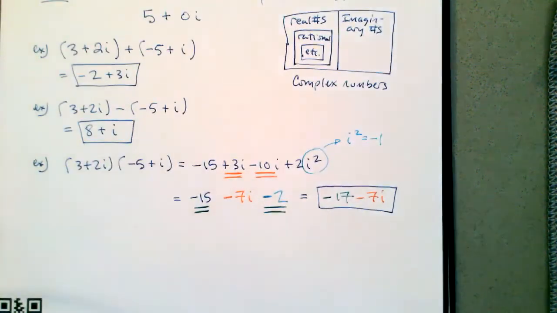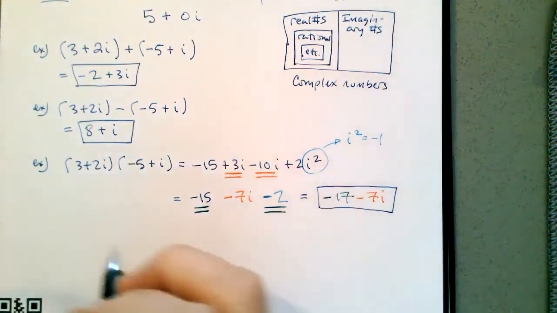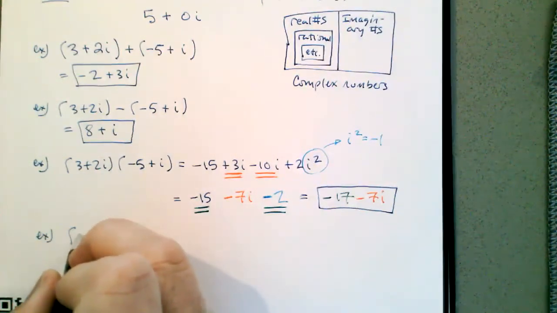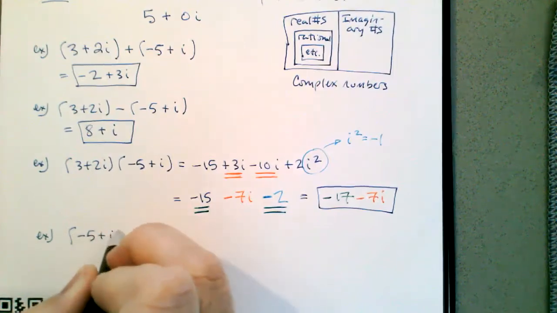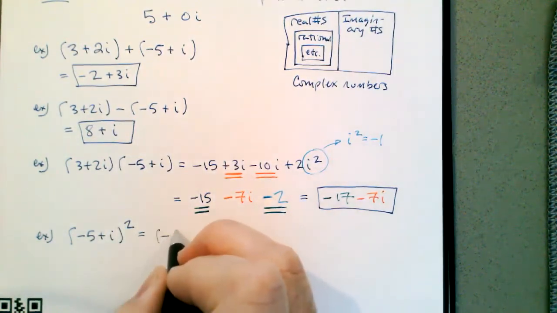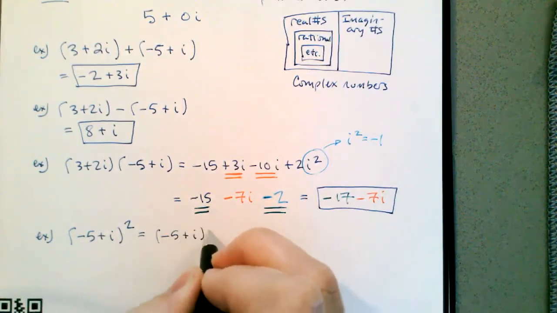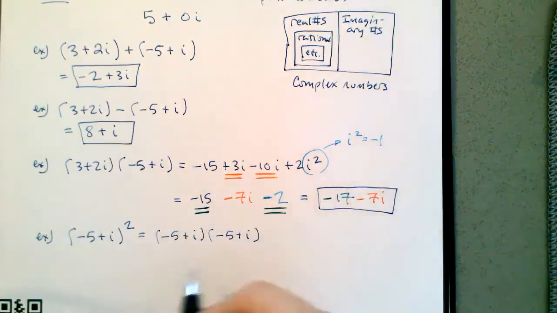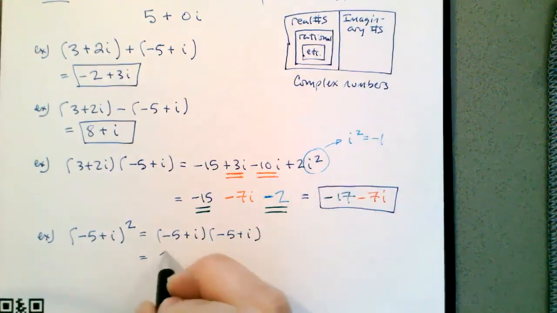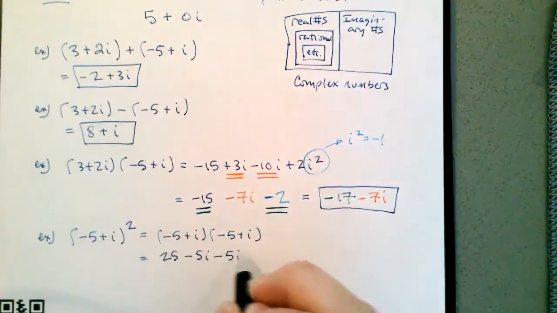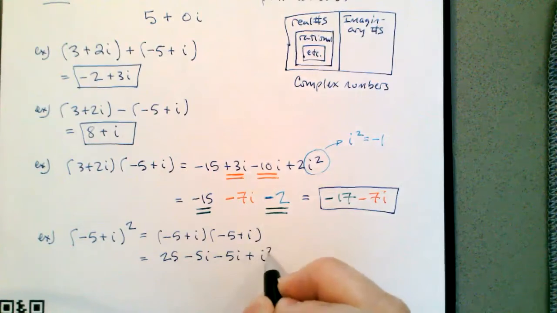We can even raise complex numbers to exponents. So if I have -5 plus i squared, I can just write 2 copies of -5 plus i and multiply them. So I get 25 minus 5i minus another 5i plus i squared.